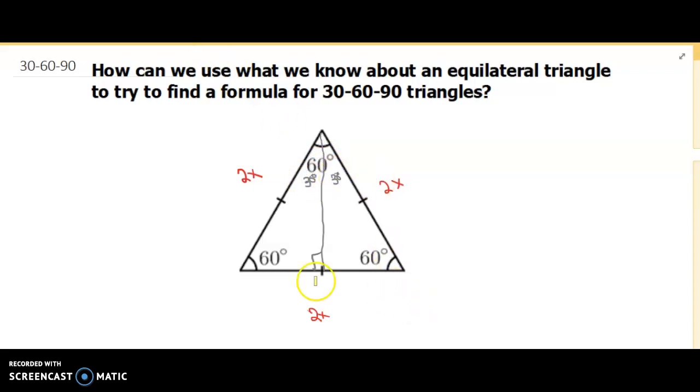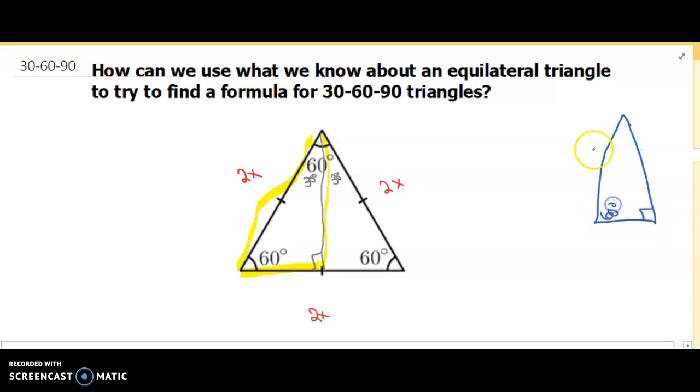Now I'm just going to look at this triangle here. It has 60 degrees and 30 degrees. This side is 2x, and when I slice it down the middle, this becomes x and x, so this is just x.